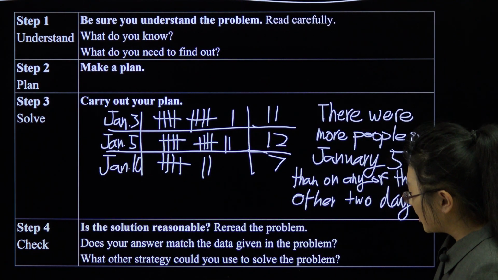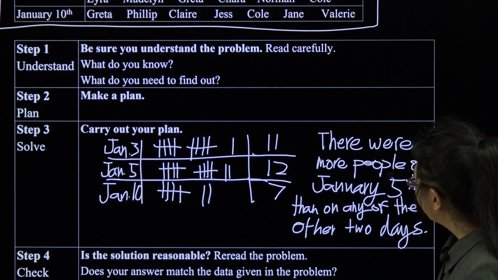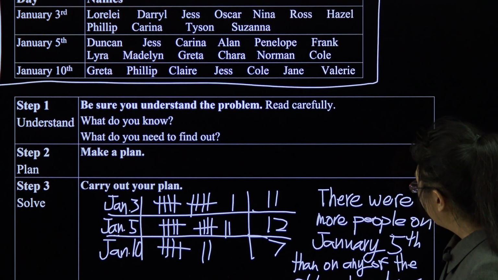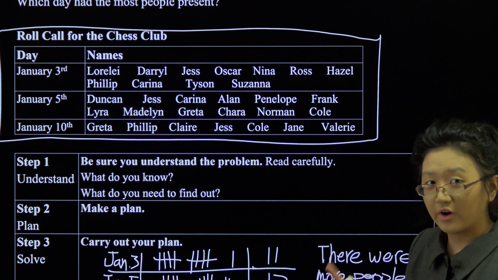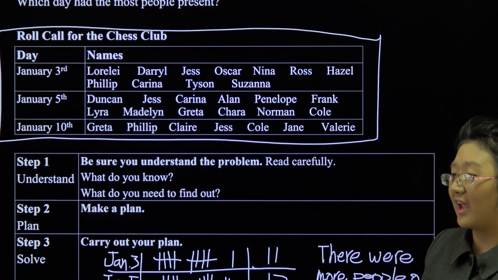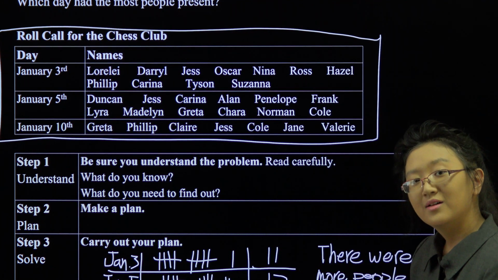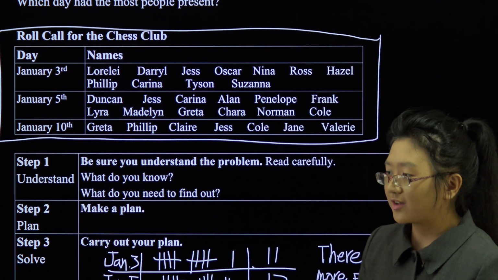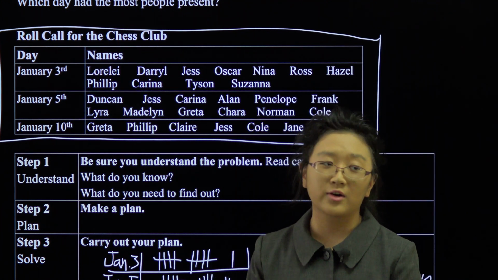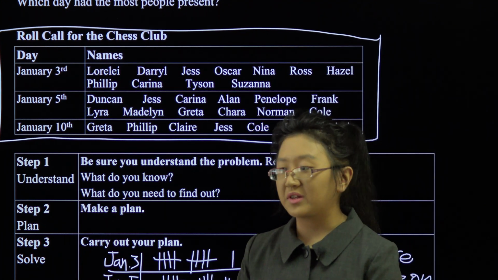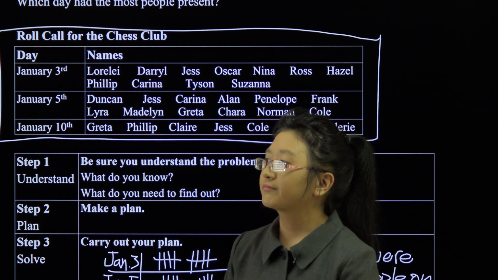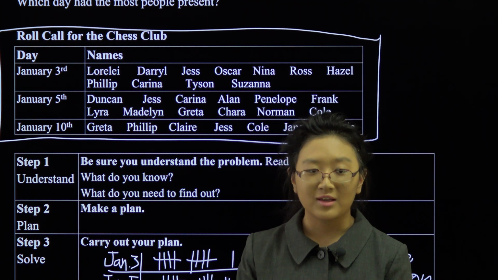Does your answer match the data given in the problem? It answers the problem, first of all. That's really important because I've seen answers that don't answer the problem. It's like those things where the teacher asks you, how many grapes did Alan eat?